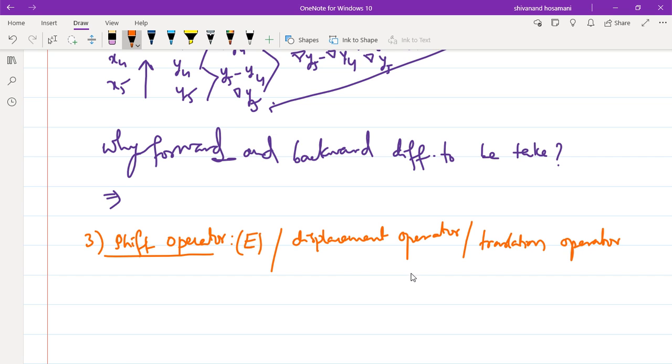There are three different names for this operator, but generally we call it the shift operator, denoted by E.